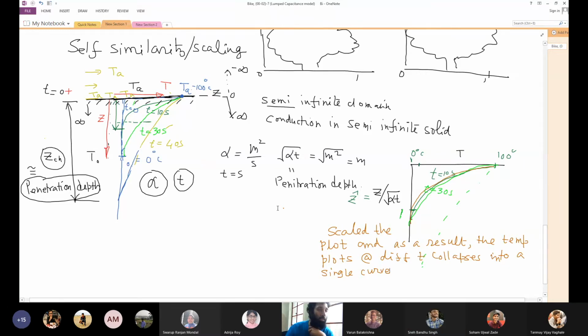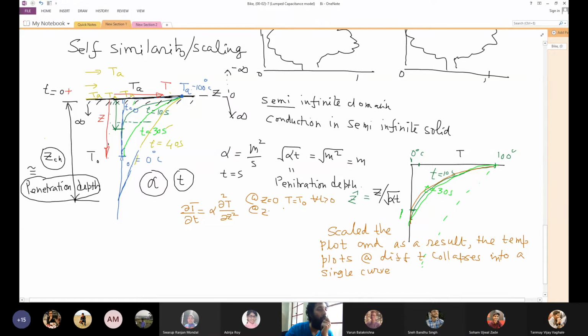So now, we have these conditions. The differential equation is partial T partial t equals to alpha second derivative of T with respect to z. At z equals to 0, T equals to Ta.